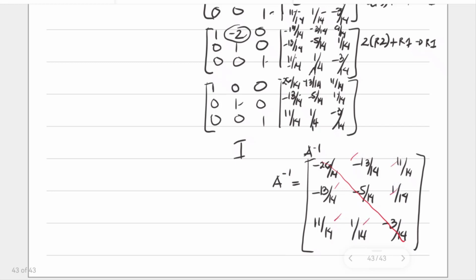Finally, we have reached an inverse of the given 3 by 3 matrix. And we have shown that here, A inverse is symmetric as well. So we are done now with these two methods.